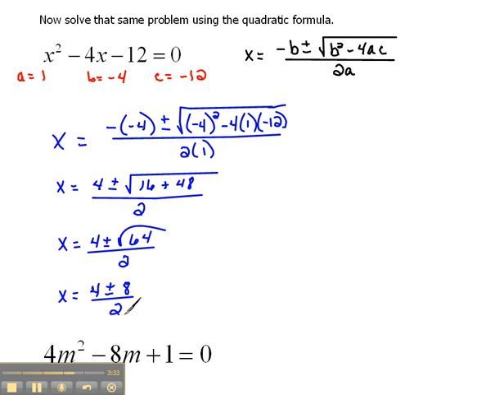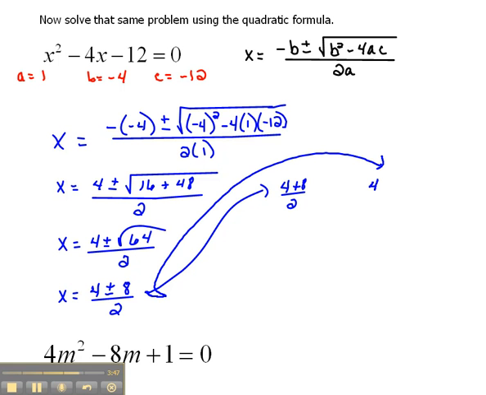Now this is literally two separate problems here written as one. So for our first one, it would be 4 plus 8 divided by 2. And our second one would be 4 minus 8 divided by 2.